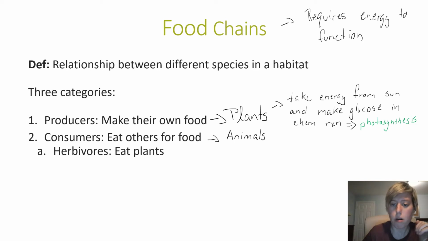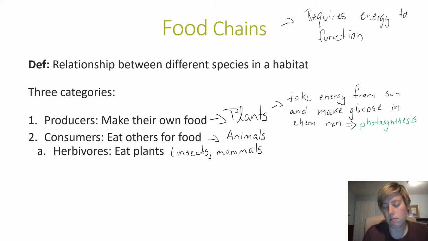So when we're talking about herbivores, we're talking here about insects, and we have some mammals. So those would be like rabbits, squirrels. There's a whole bunch that are herbivores that eat plants.